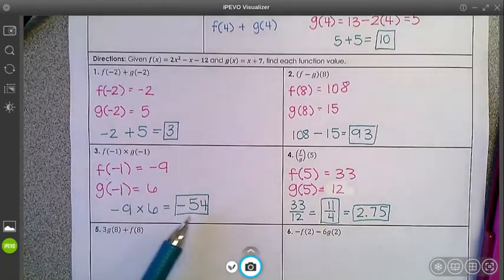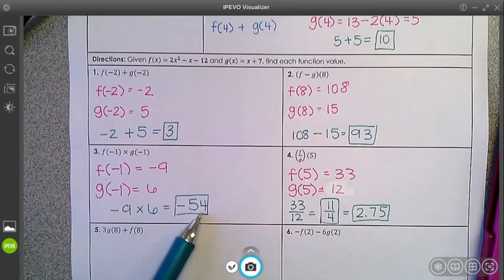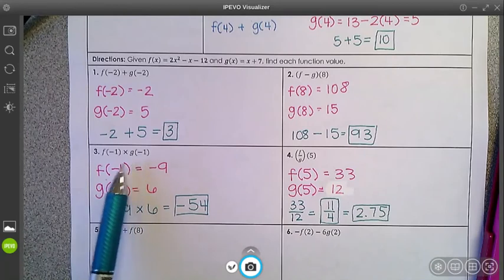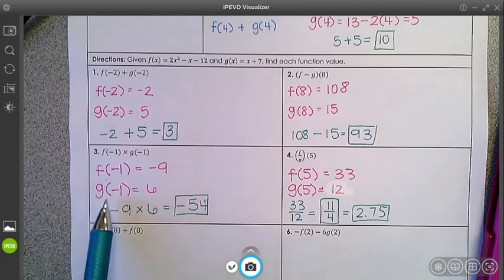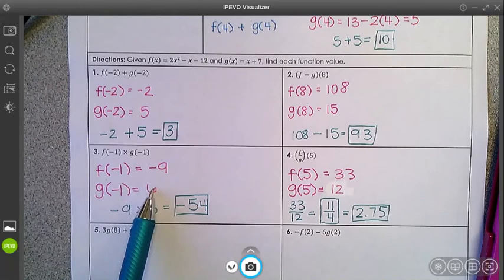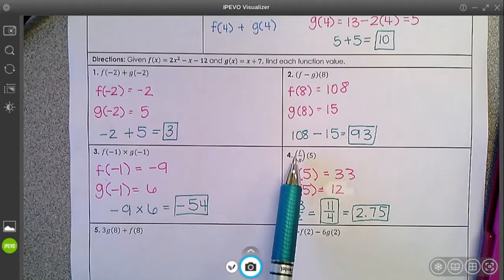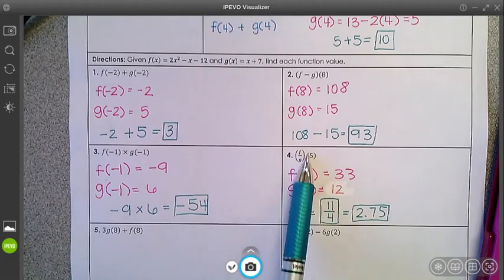Number 3, your final answer should be negative 54. So if you plugged in negative 1 for f, you get negative 9. And plugging in negative 1 for g, you get 6. And then over here, we get 33 and 12. And so I wrote this as a fraction because that's how it was given to me.